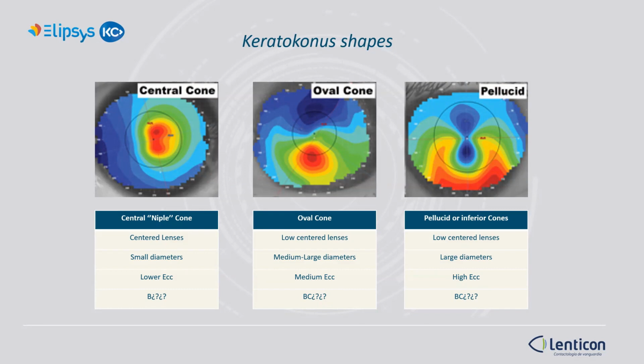They will be low-centered, always over the apex. Pellucid or inferior cones will need larger diameters and high levels of eccentricity. Lenses over oval or inferior cones will always be low-centered. We must ensure a good pupil coverage even in low light environments in order to avoid glare phenomena.